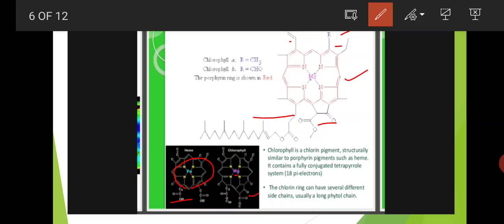But the porphyrin system, the conjugated tetrapyrrole system, is common in hemoglobin and chlorophyll. Chlorophyll A and chlorophyll B have the same structures, only the R group is different. If the R group is a methyl group, that is chlorophyll A. If the R group is a CHO aldehyde group, that is chlorophyll B.